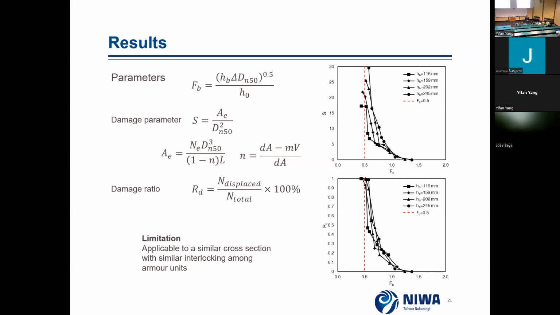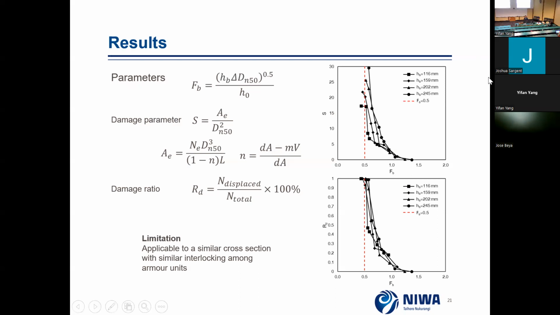We can plot the damage of the armor layer in these two figures. So we can see that the horizontal axis is FB, and the vertical axis is S, which is the damage. So it links the damage and the parameters of the breakwater itself, and also the tsunami stress, in this case H0.